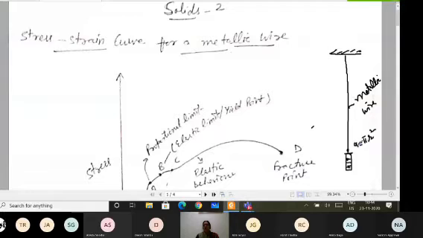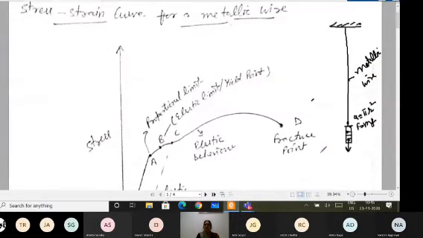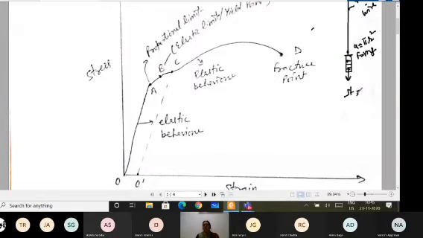Force will be equal to mg, acting on the wire when you apply the weights. So stress can be calculated by knowing the weight applied on the free end of the wire. At the same time, I can find the strain. Strain means simply delta L upon L. If I know the extension and the initial length, I can find the strain.